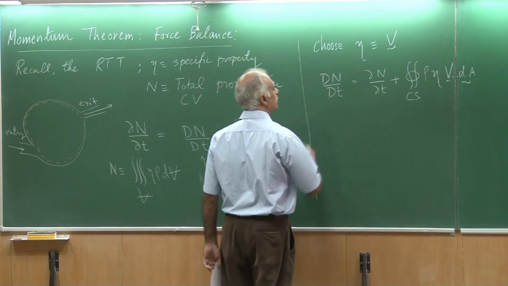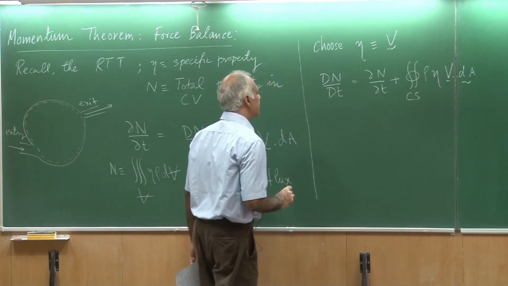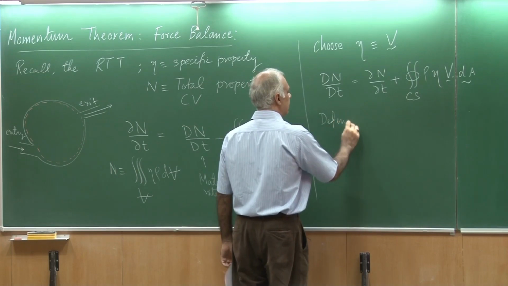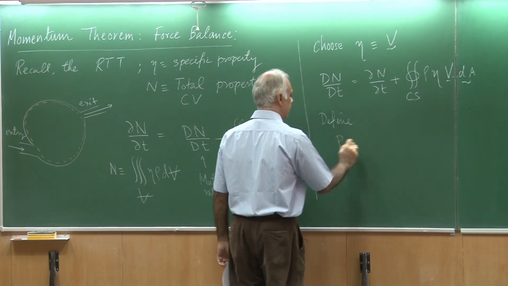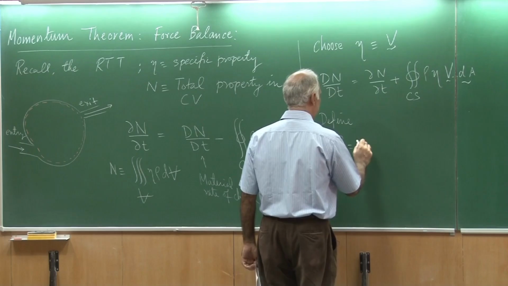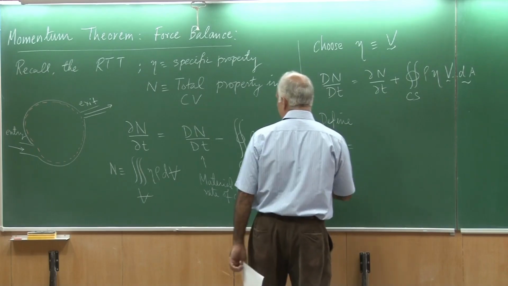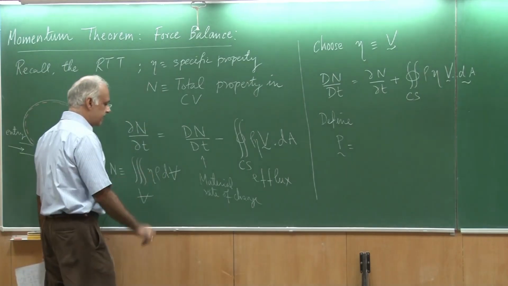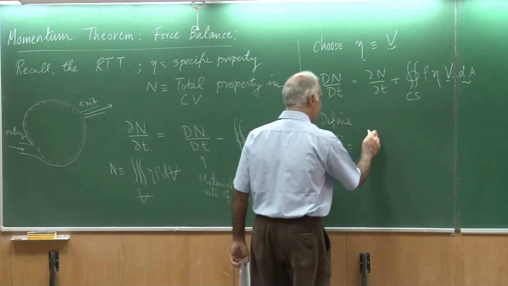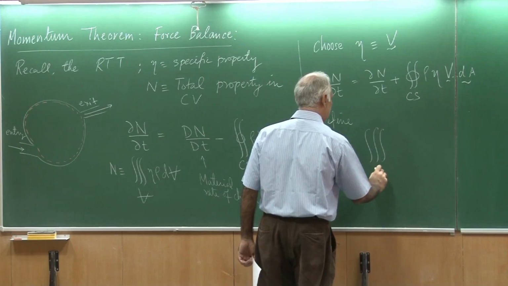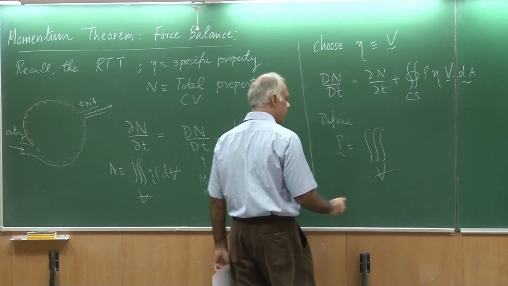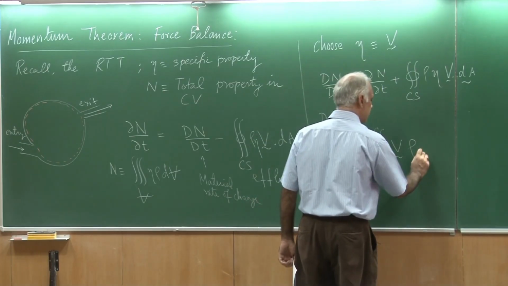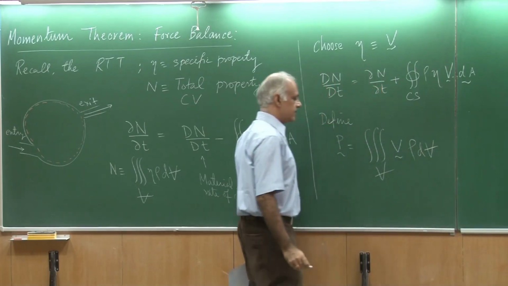Now I am going to choose this as V. So I am going to define P as this quantity that I get for N, because now it is going to be a vector. So when I put a V here, let me show you what it looks like. This is a volume integral of V rho dV.